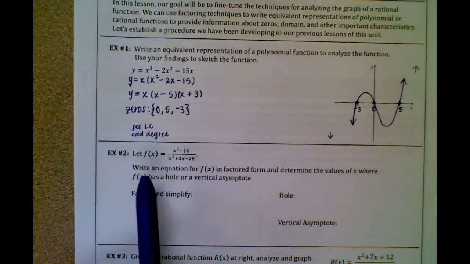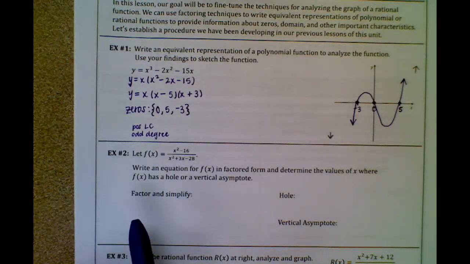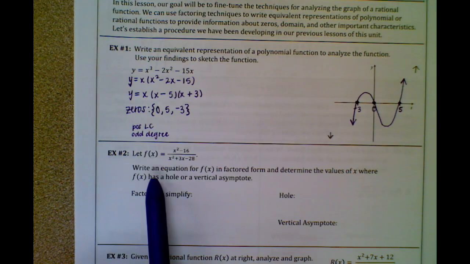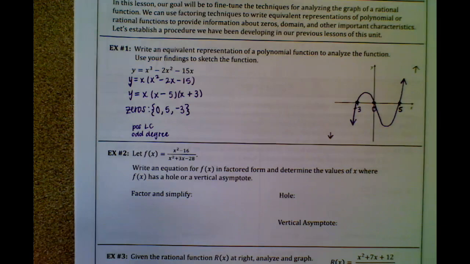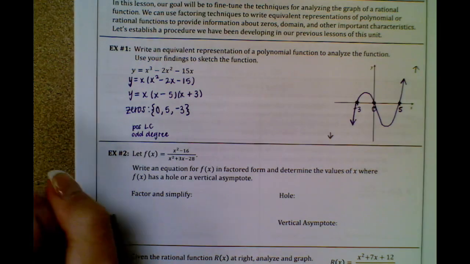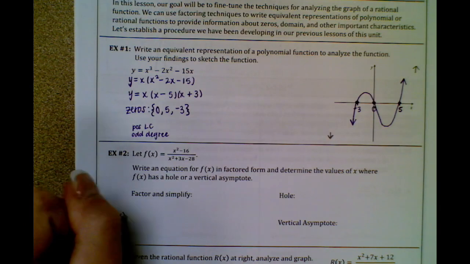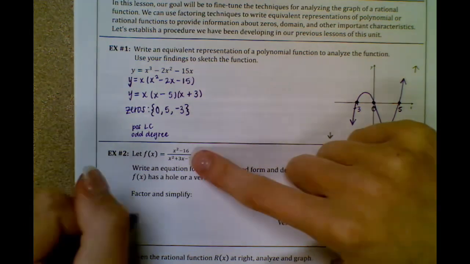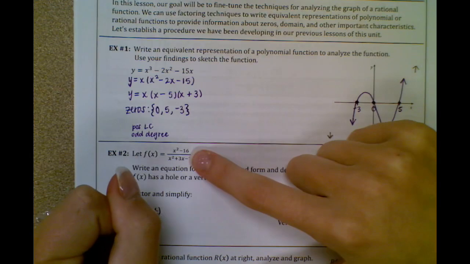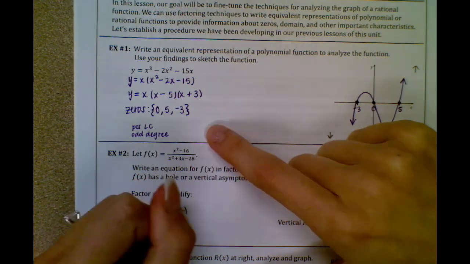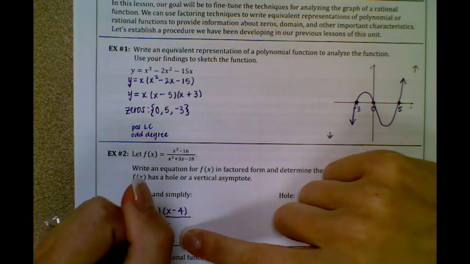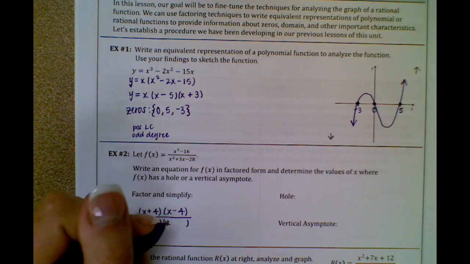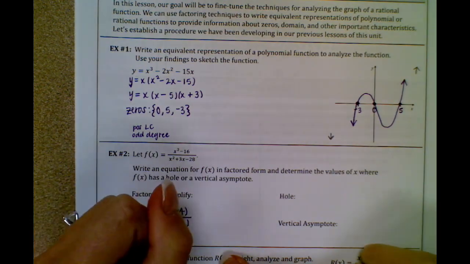It says let f of x equal that equation right there, and write an equation for f of x in factored form and determine the values of x where f of x has a hole or a vertical asymptote. All right, so we're going to factor and simplify down here. So f of x equals, factoring this is a difference of 2 squares, so x plus 4, x minus 4, over, this is a trinomial, so x and x, factors of 28 that add or subtract to get 3 would be 7 and 4.